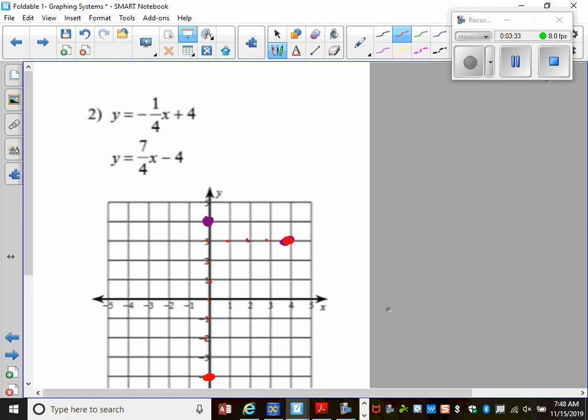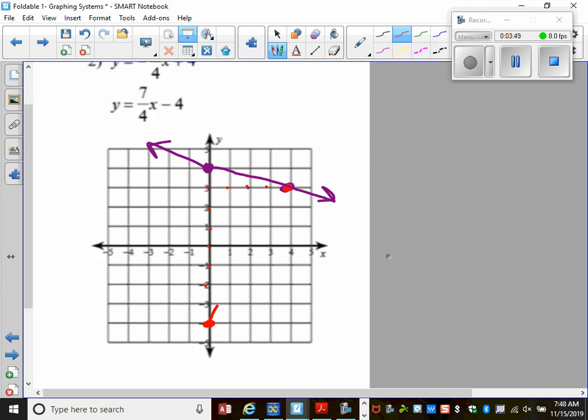So you can see that those two overlap right there. So now I'll go ahead and connect my first one together. And the second one. And then you just simply read the coordinates where they overlap, and this coordinate would be what? 4 and what? 3. And that's it.